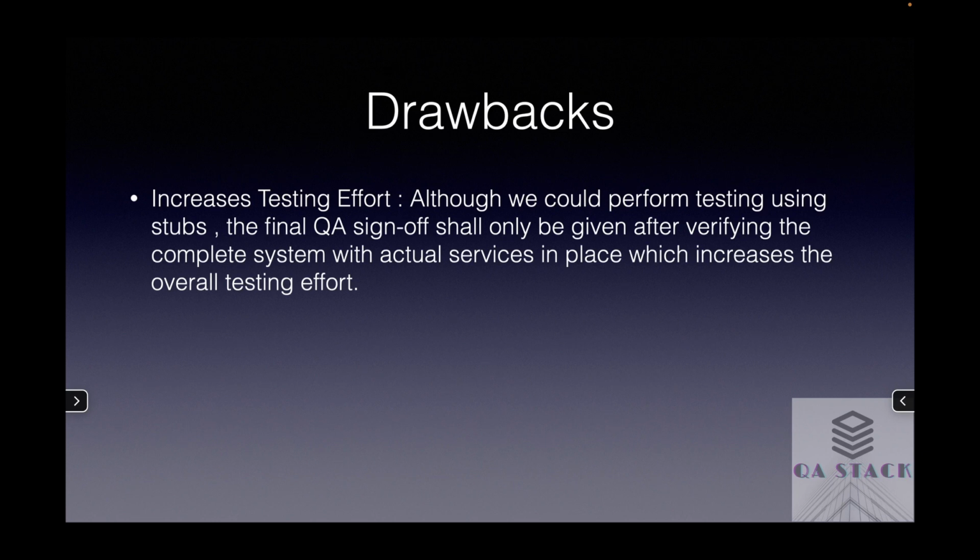This ensures that your application will work seamlessly in UAT or production as well. You should never give a QA sign-off based upon testing done only with stubs. At least one round of testing with actual services in place is required before QA sign-off.